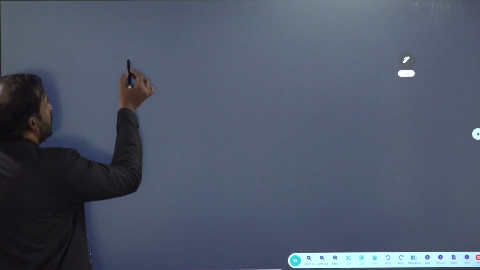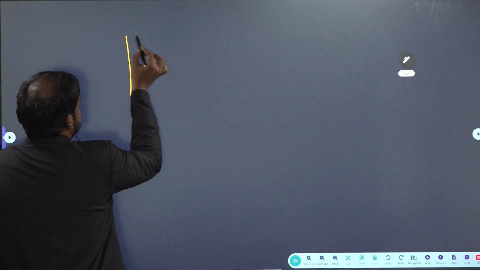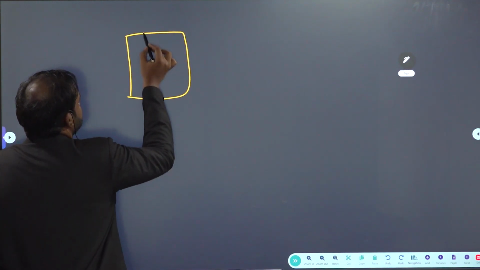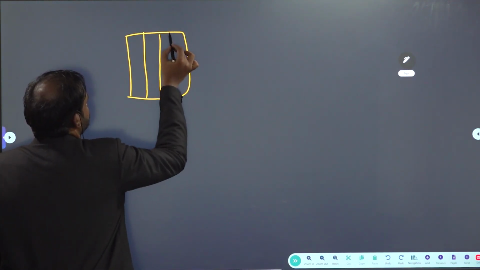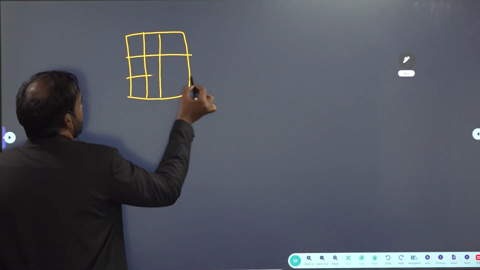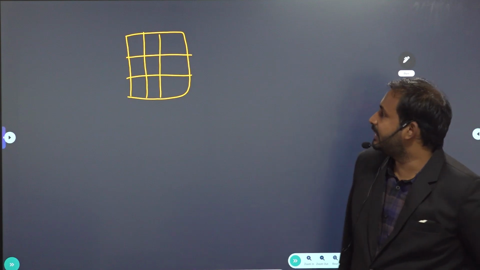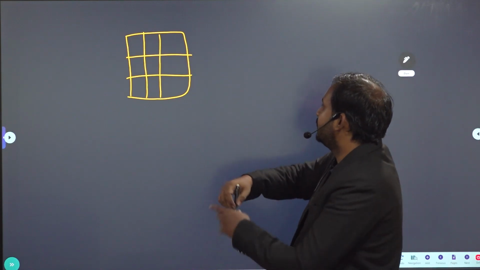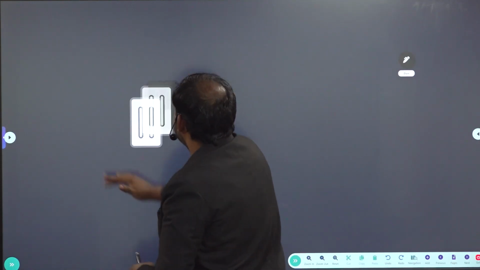Now see here, I will take one face. After cutting the cube into small pieces, we will have 3 types of cubes. Let me take a little bit huge cube, not this one.